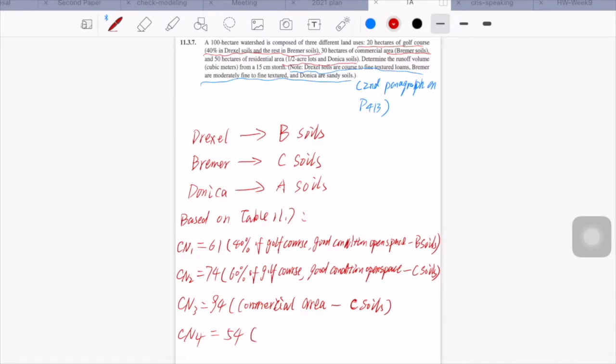This is for residential, 1/2 acre lots, type A soils.